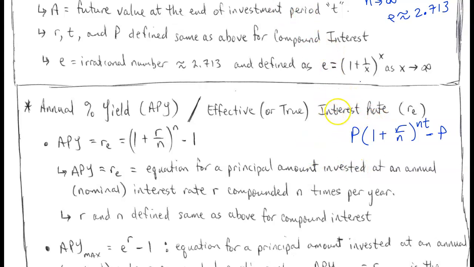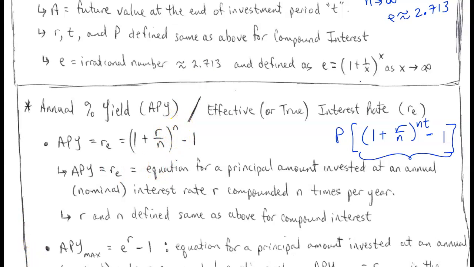So what you could do here is factor out this P. And if you factor out the P, what you end up having is this. And this portion here lets you know what your true interest rate is based upon the money you put in versus what you got out.